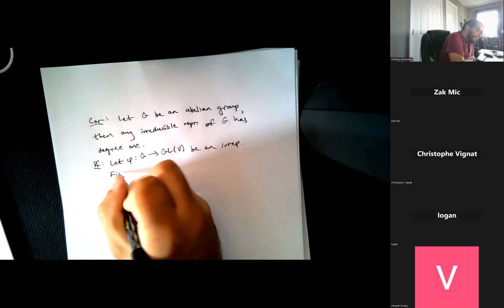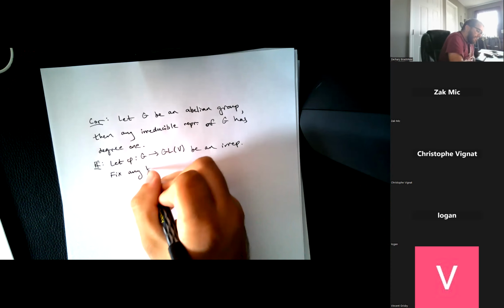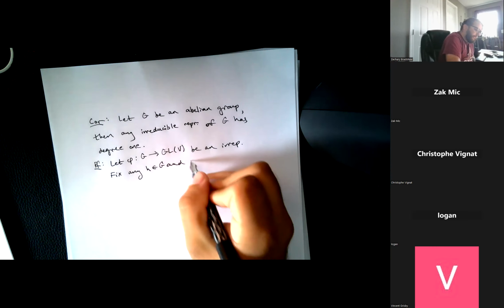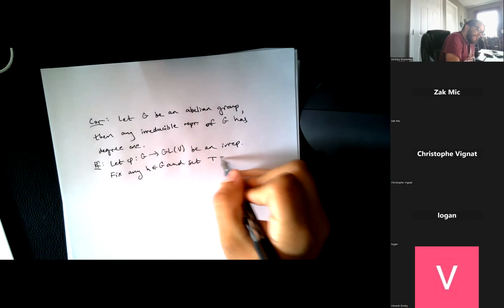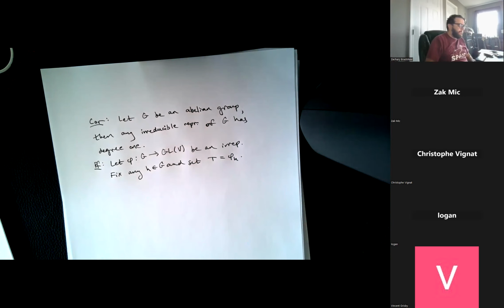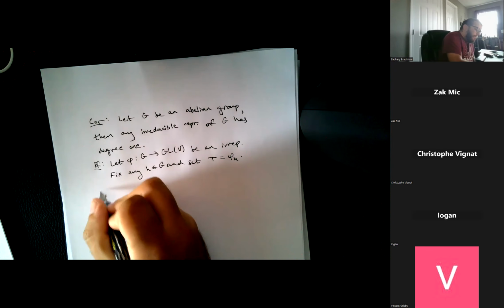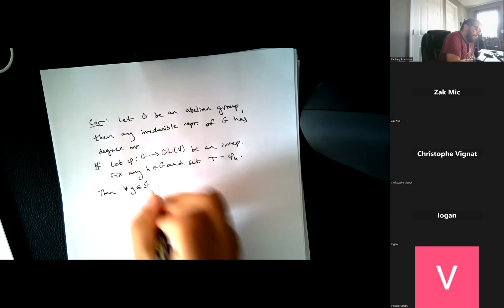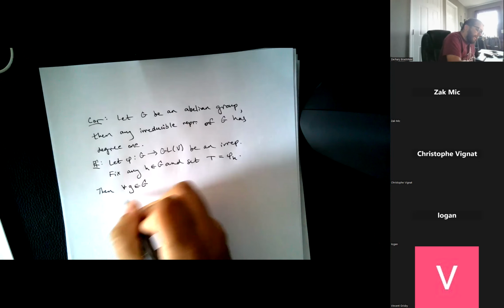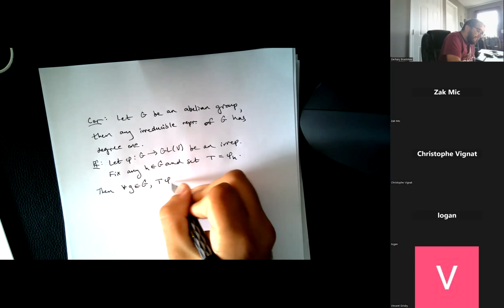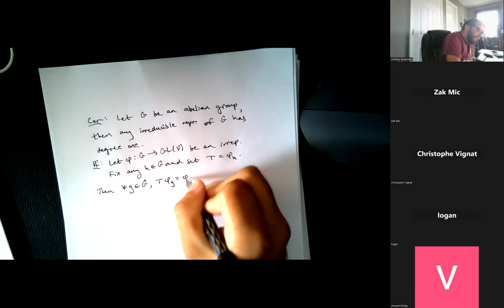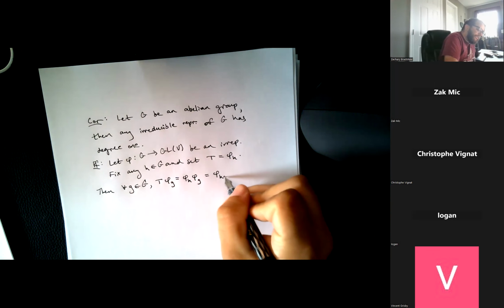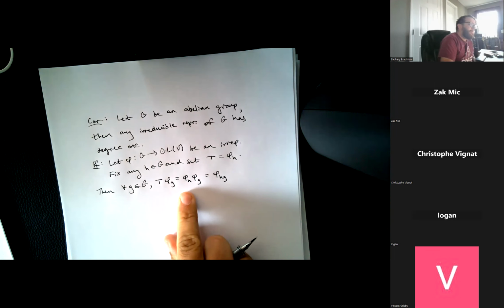And let's fix any h in G. Also, let's set T equal to phi h. Well, then for all g in our abelian group, we have that T phi g is equal to phi h phi g is equal to phi hg because phi itself is a homomorphism.